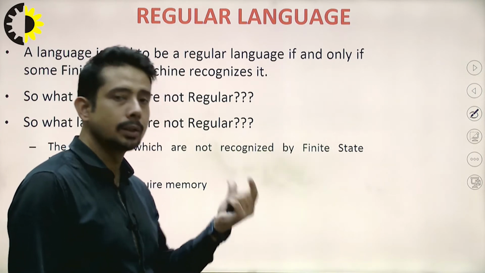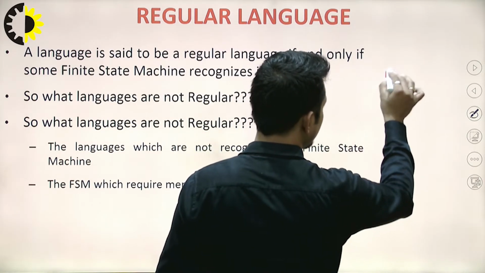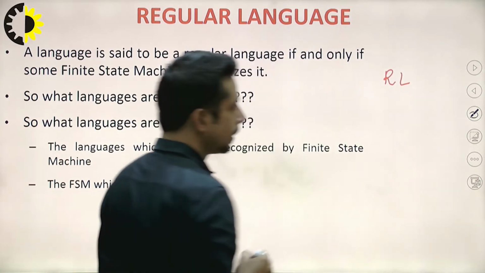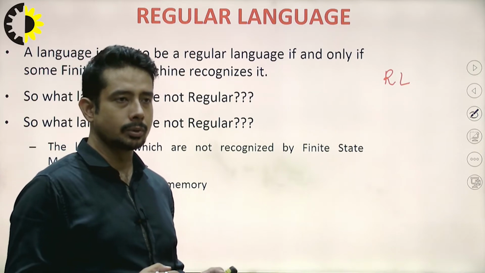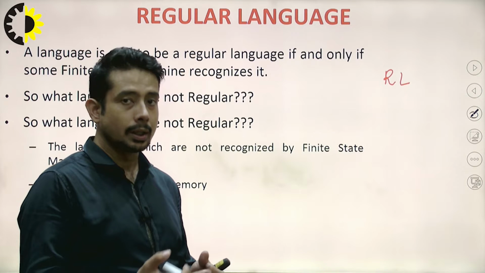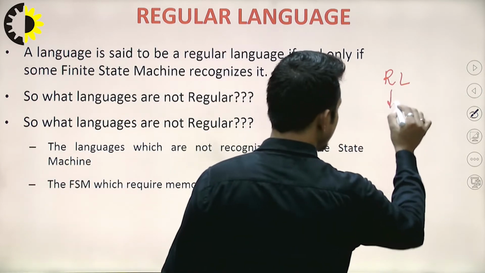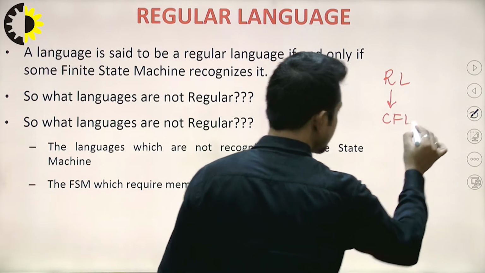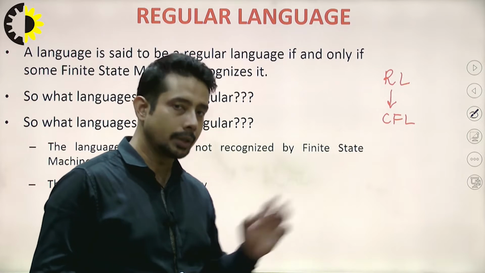What is the hierarchy of these languages? The languages generally start off with regular language. Some demerits were there, and it was not possible in some cases, for which we moved to one more language known as context free language. I am writing it in short form. We will learn this hierarchy properly in unit number 3.